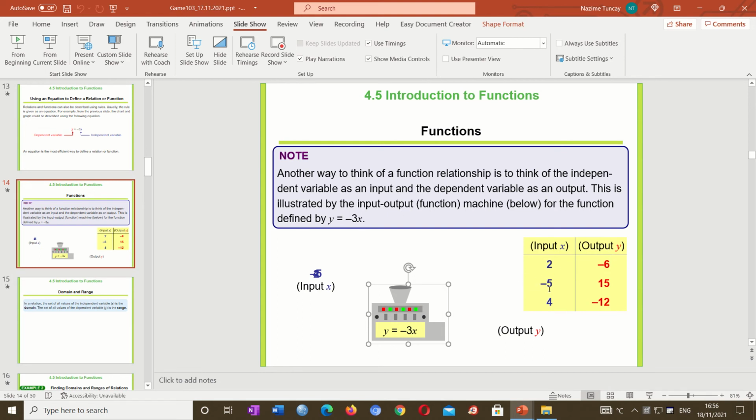If we input -5, then -5 multiplied by -3, yes, here you can see it's 15. Okay? Here, if we input 4, you can see that 4 multiplied by -3 is -12. Okay?